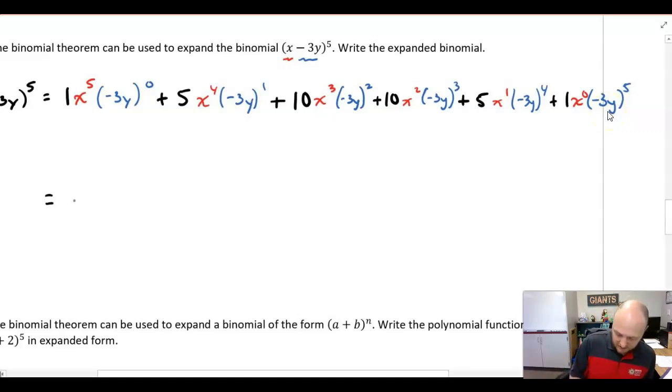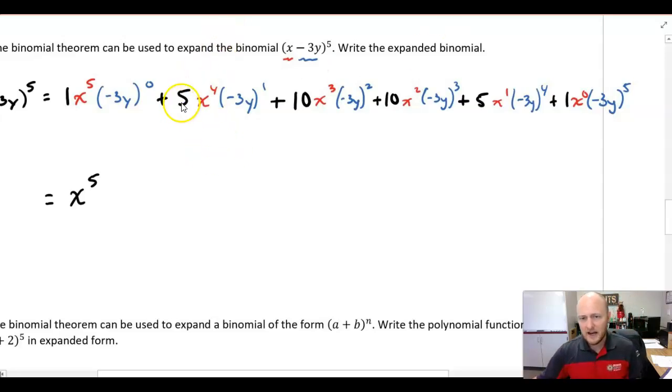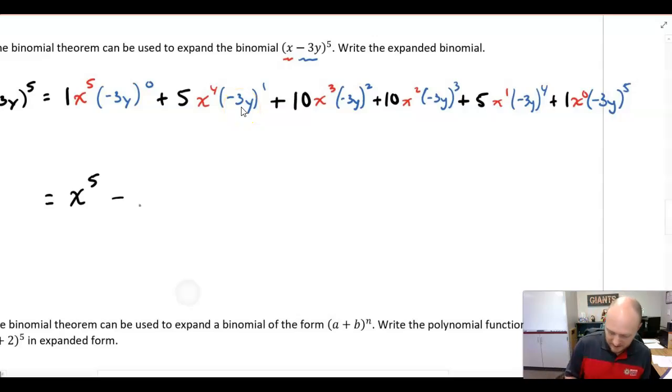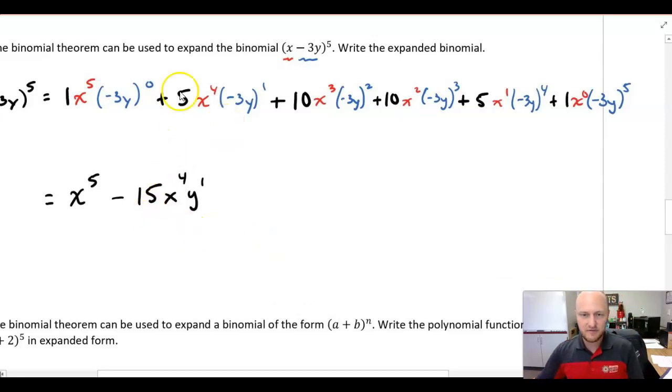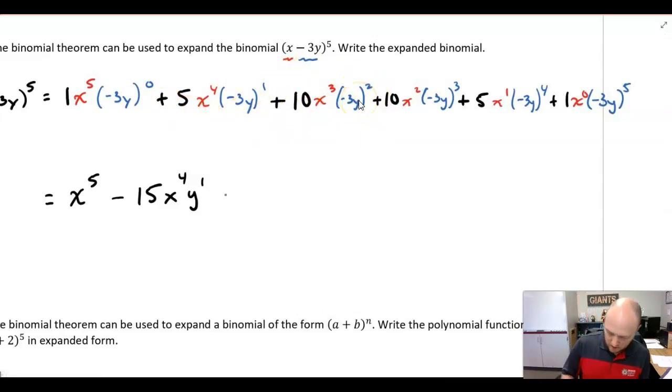So, I have x to the 5th is my first term. I have 5 times negative 3. So this is negative 15, x to the 4th, y to the power of 1. Again, I get the 15 from multiplying 5 times negative 3. So that's where I get that. Then I have here 10 times x cubed times 9y squared.